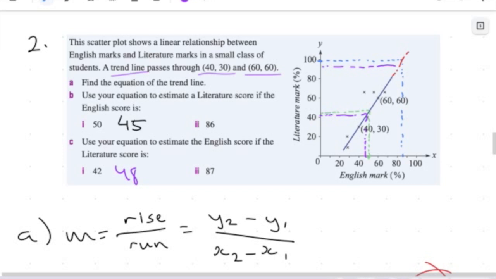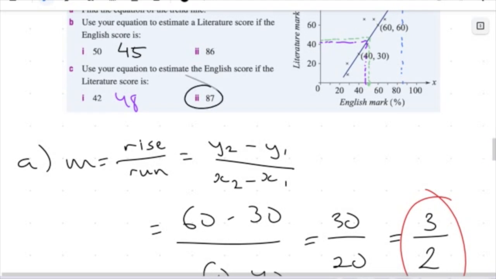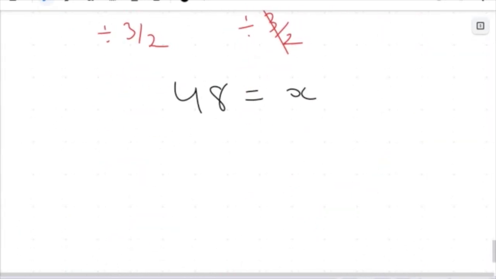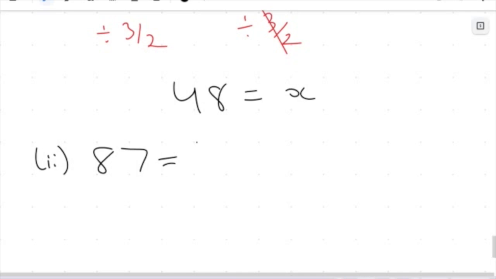So for this one, let's just substitute it into the equation. So here my y is going to be 87. So I can write here for C part II, y equals 87. So I can say that 87 equals 3 over 2x minus 30.